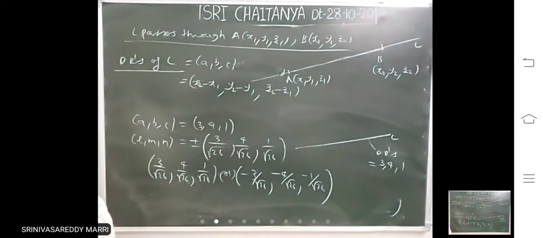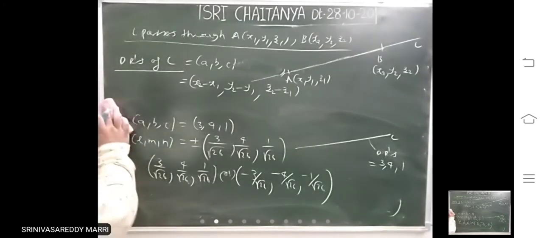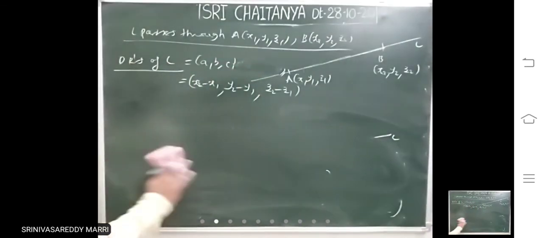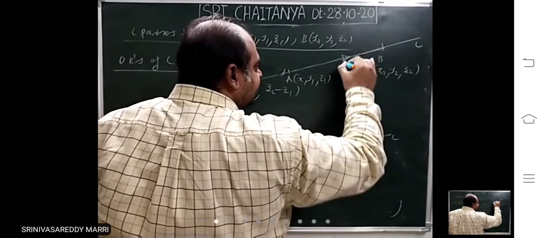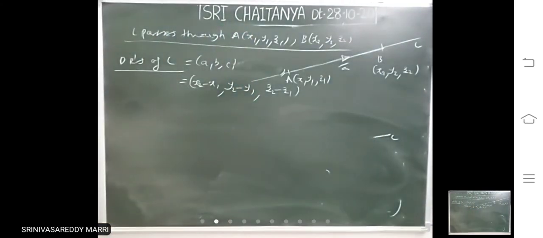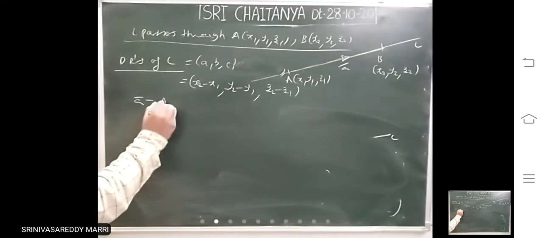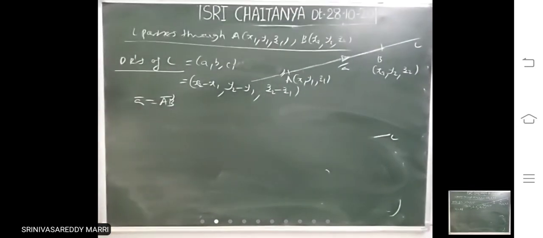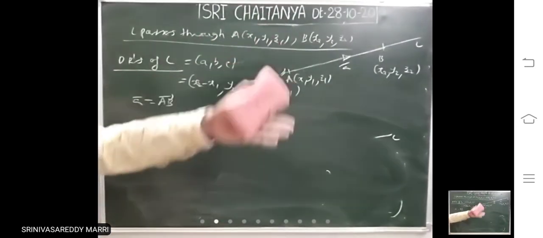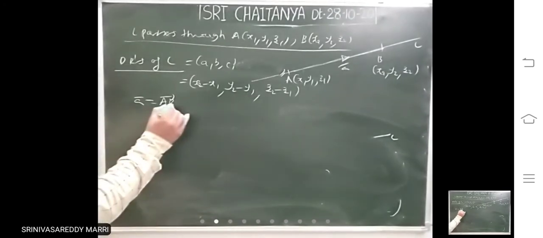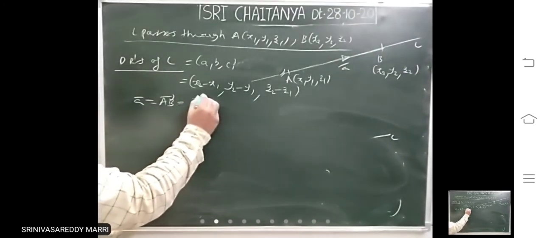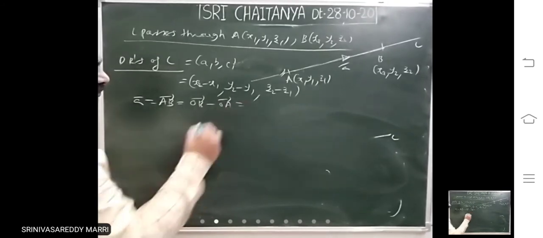DRs means you find one vector. AB points are there, you give the direction and find one vector, AB bar. In that direction the line is there. Any one vector you take, AB bar is nothing but OB bar minus OA bar.